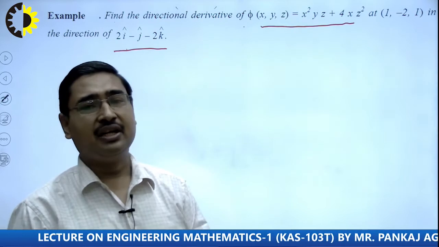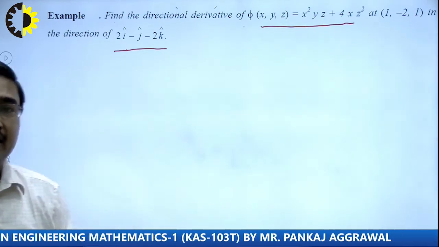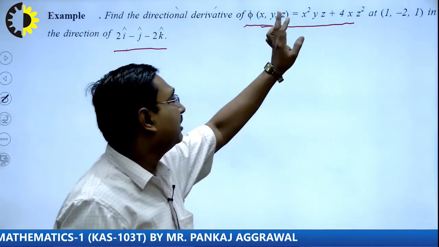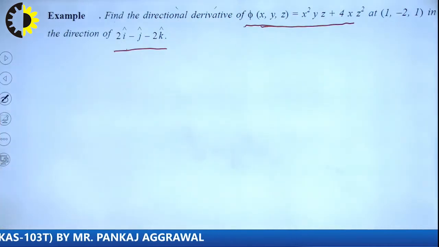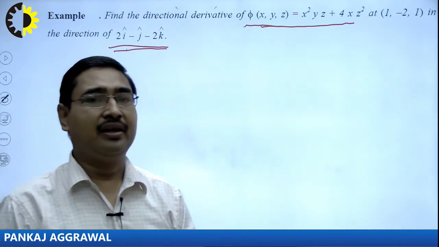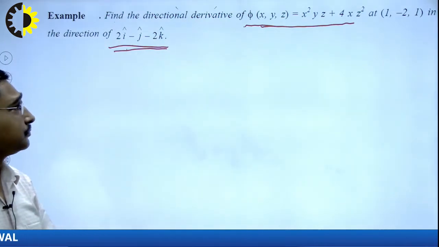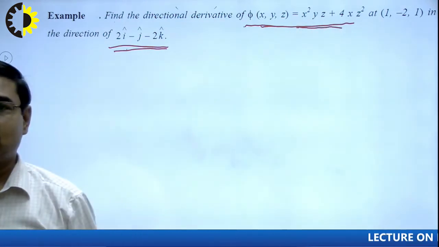Whenever the directional derivative is to be calculated, we shall require at least two pieces of information. First is the function whose directional derivative is to be calculated. Another is the vector in whose direction the directional derivative is to be calculated.